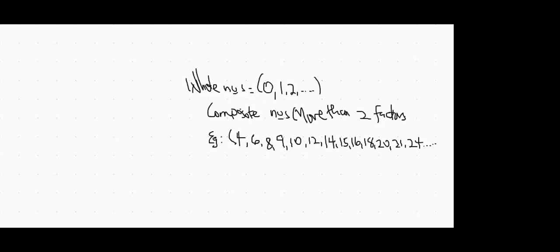All right, so all these are examples of composite numbers that we are expected to know about.